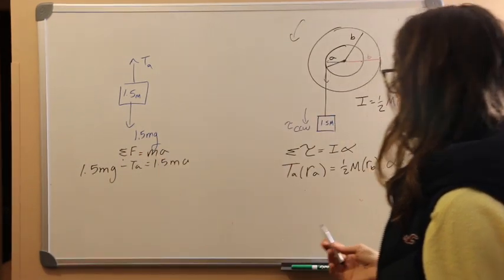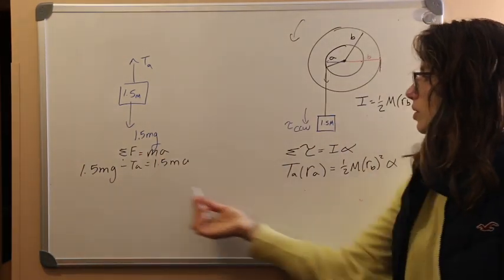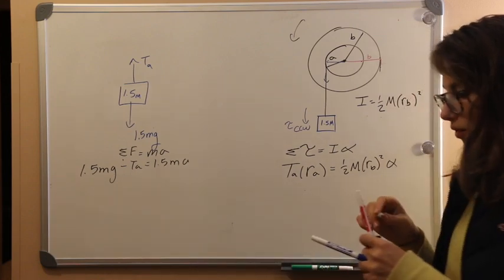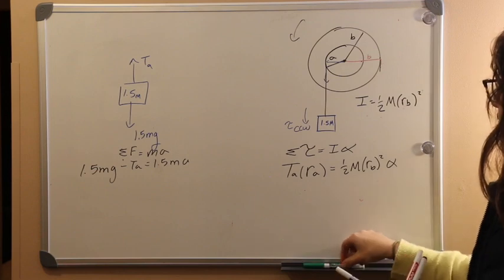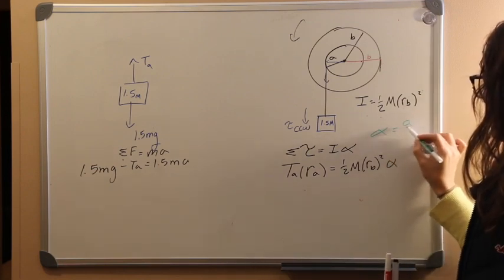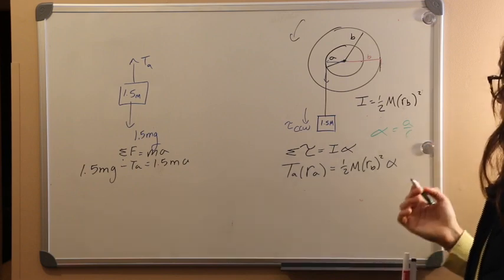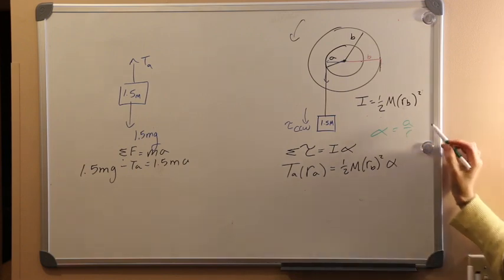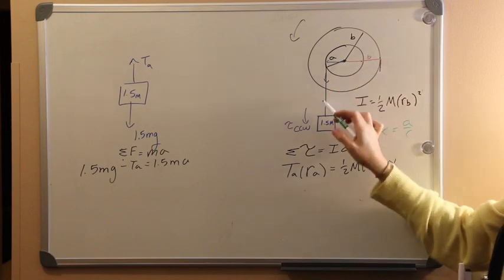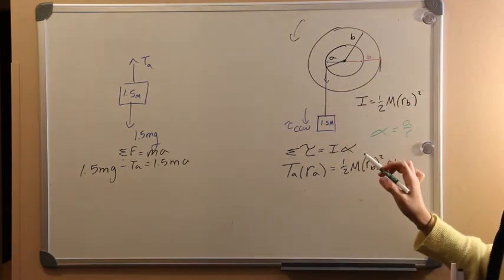Now this at first seems no good because it feels like you have too many unknowns. You don't know tension, and you also don't know acceleration, and you also don't know alpha. But if you remember, you can rewrite alpha. So alpha can be rewritten as A over R. You want to think about what is the radius value, RA or RB, that relates to linear and angular accelerations.